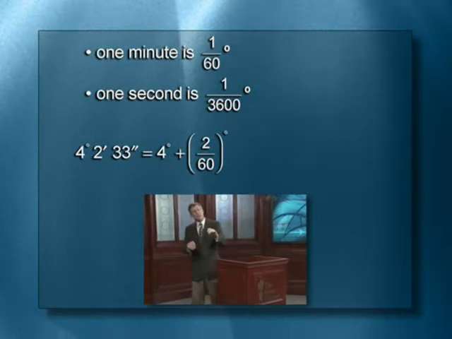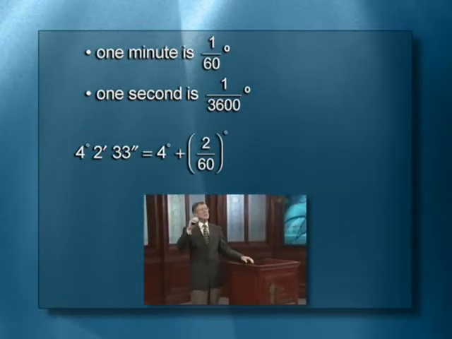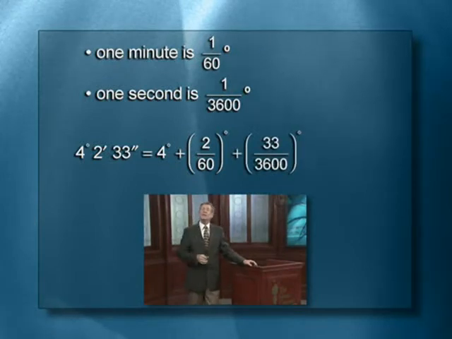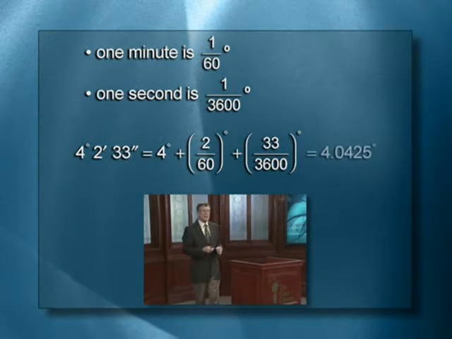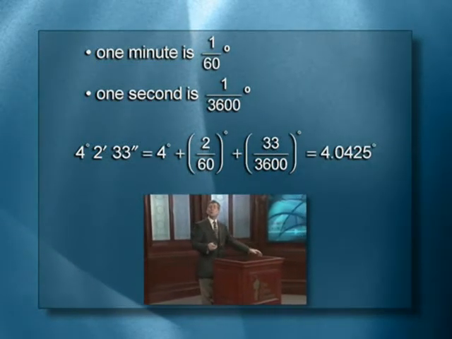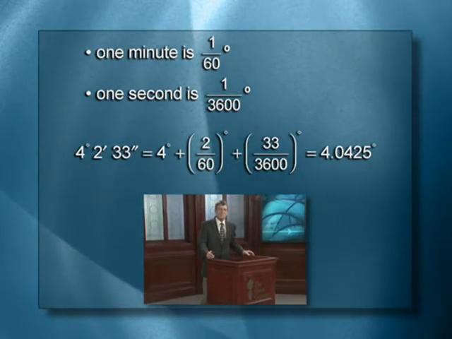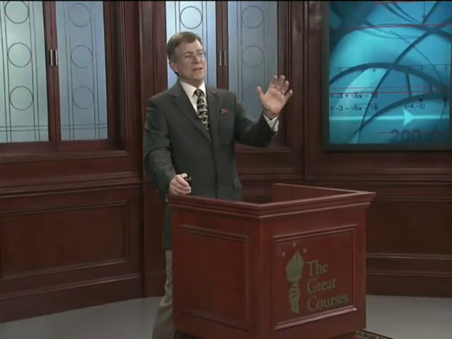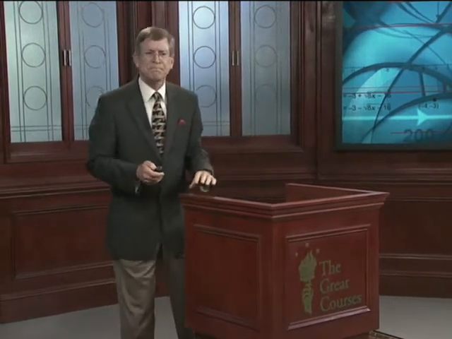And you can convert the seconds to degrees because that's 33/3600. And then you add up those numbers and you get 4.0425 degrees. Okay, so converting this obscure way of measuring angles back to degrees is not so hard. Let's do a quick application of this.